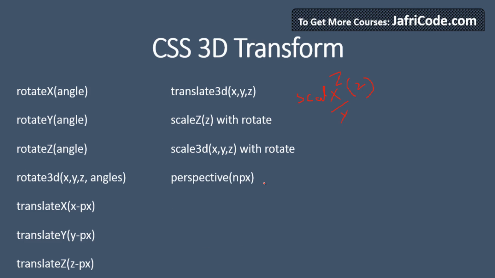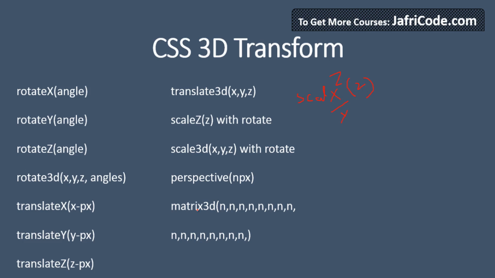Another is perspective. The perspective property is used to view a 3D or 2D view of any object or HTML element. This is matrix3D. You can mention all these values to create a view of the object in a different way, 3D or 2D. So these are different properties you can use in the 3D transform.